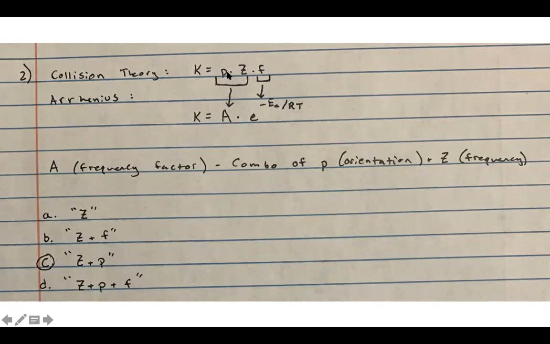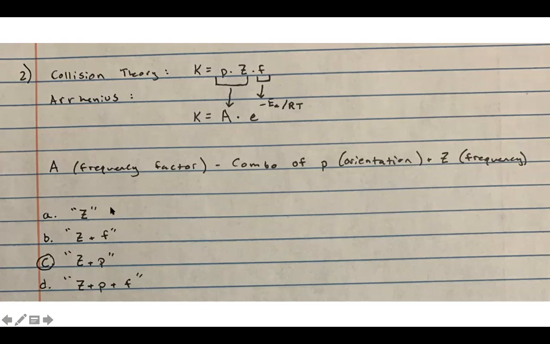While our P and Z portions, which have to do with orientation and frequency of collisions, are represented in our Arrhenius equation by this frequency factor A. Okay, and so in essence, our frequency factor is those two variables, and that corresponds with option C. If you read each of those multiple choice options, these are the variables in collision theory that each option corresponded with.